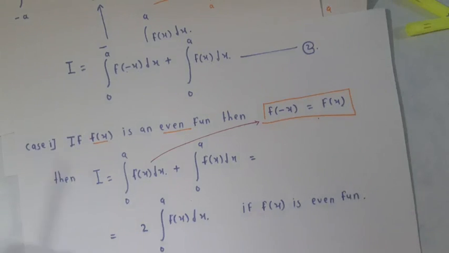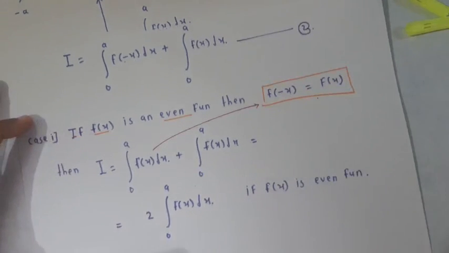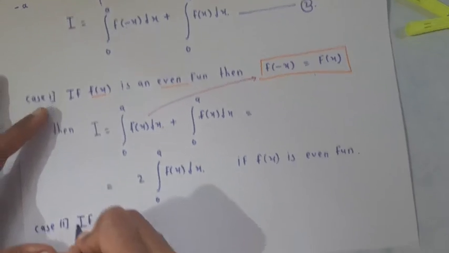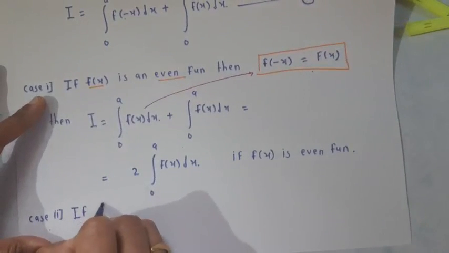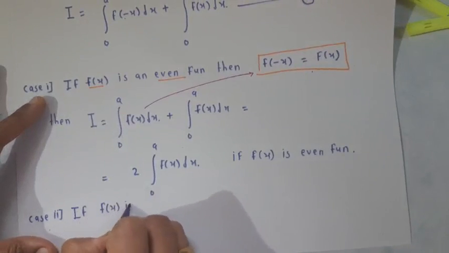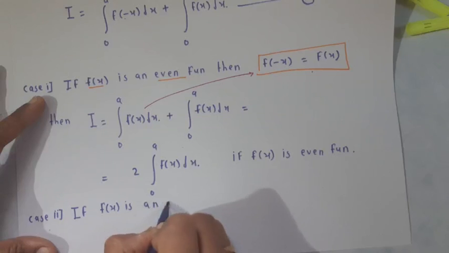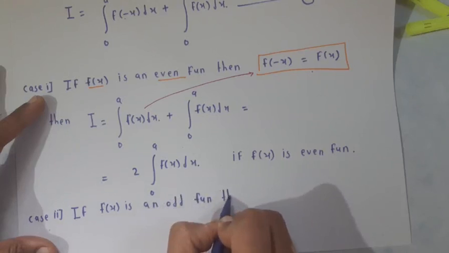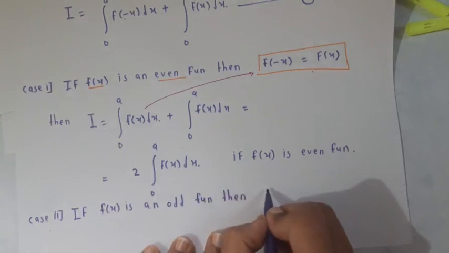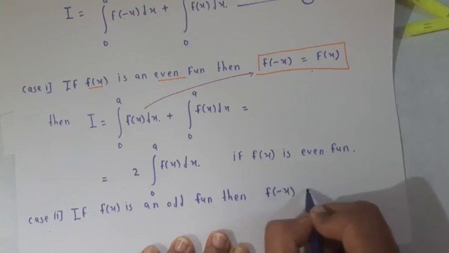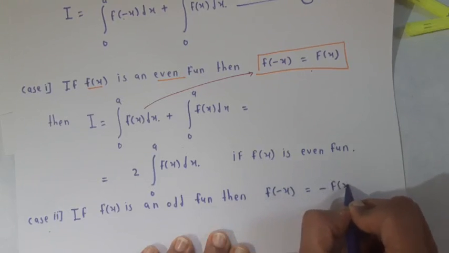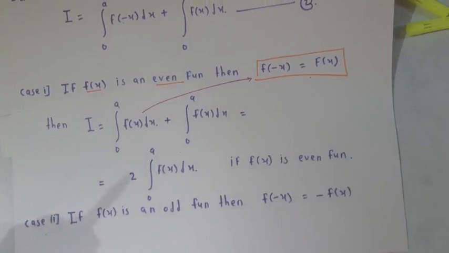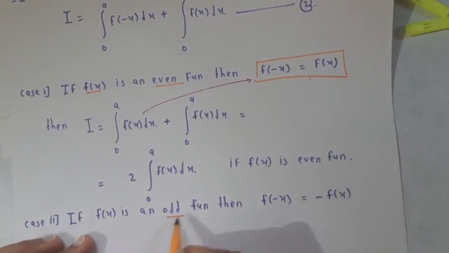Okay, now consider the second case. What is case second? The case second is that if f of x is an odd function, then f of minus x equal to minus f of x, according to the definition of an odd function.